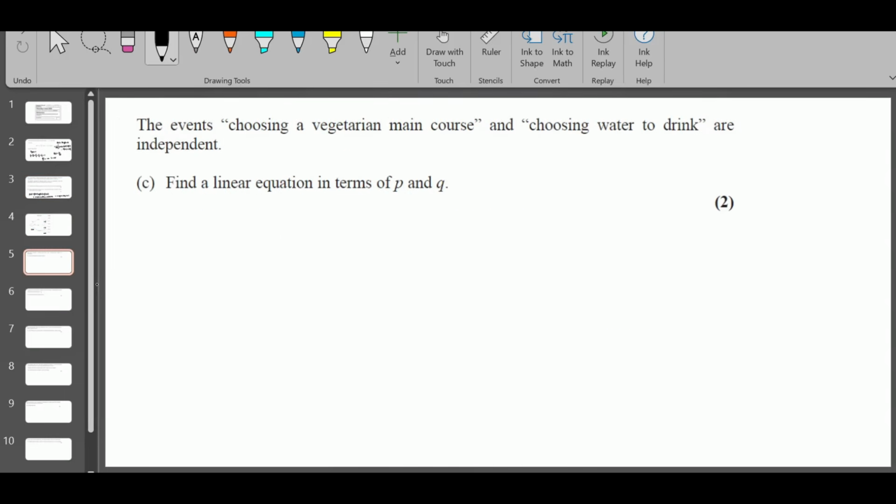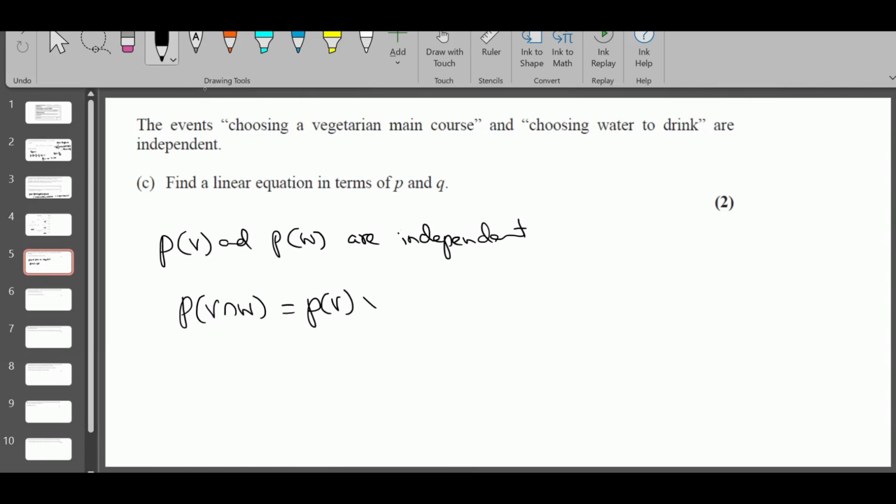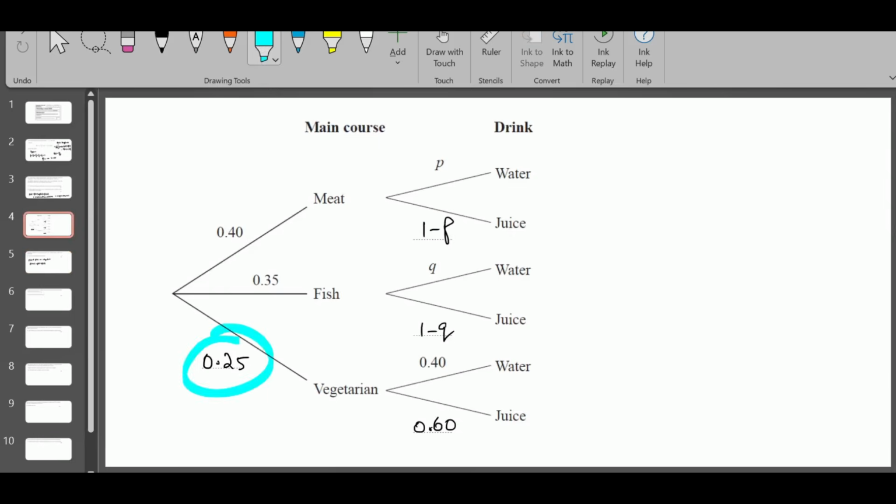Part C now. The events choosing a vegetarian main course and choosing water to drink are independent. So P of V and P of W are independent. We know the formula for independent events: P of V intersection W should be equal to P of V times P of W. V intersection W from the tree diagram is the multiplication of these two.